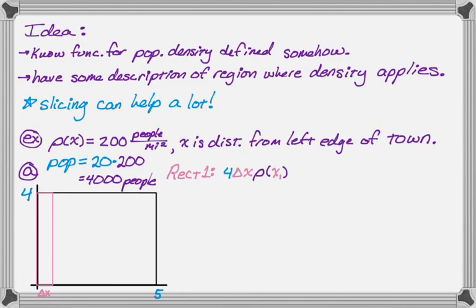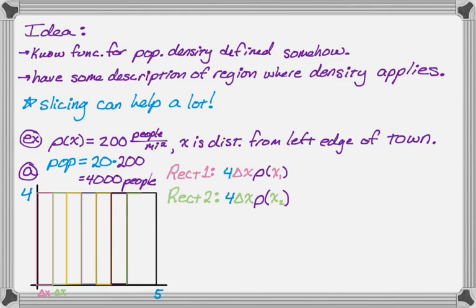Now what I'm going to do is just make more strips. Here's a second strip, so that'll give me a second rectangle. For this rectangle, the number of people is going to be the area of the rectangle times the density within the rectangle. So it'll look like this. Then what I want to do is do that a lot. I'm going to make n rectangles, all of which have delta x as their base. In this case, they all have 4 as their height.